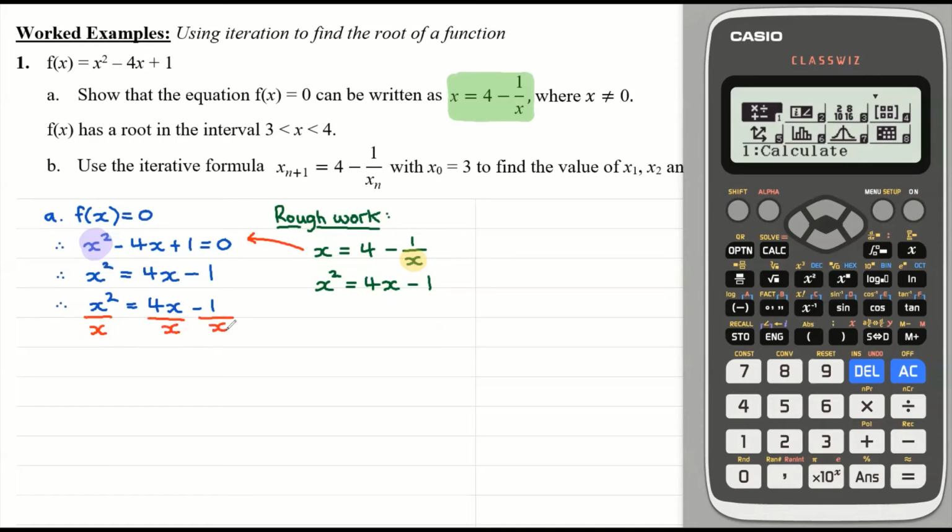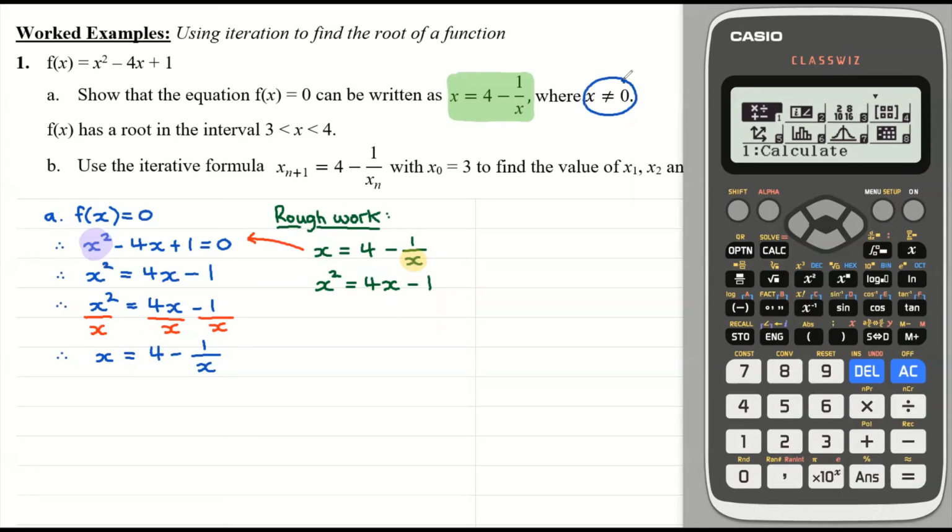You have to do it to every single term to be consistent. So therefore, x will be equal to 4 subtract 1 over x as required. Okay, obviously x cannot equal 0. That's why it states it here, because you can't divide by 0.